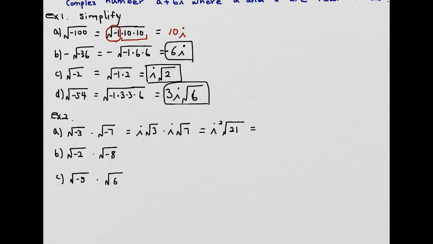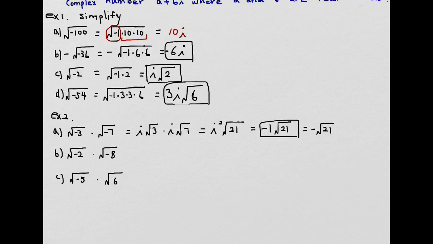And remember at the beginning of this section, I said whenever you see i squared, you convert it into -1 and finish off your problem. You don't really write 1 in front of a variable or radical, so it will be negative square root of 21.